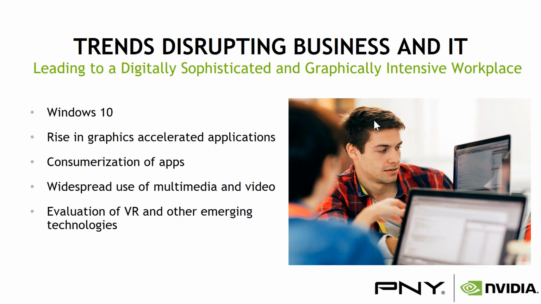So the general trends for business: Windows 10 is the number one priority for a lot of us at the moment. This is the most topical reason. We're running on higher resolution screens now. 4K screens is the norm. A lot of the applications that we're running are becoming more and more visually intensive.